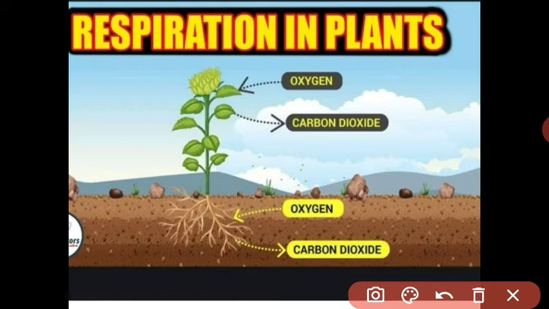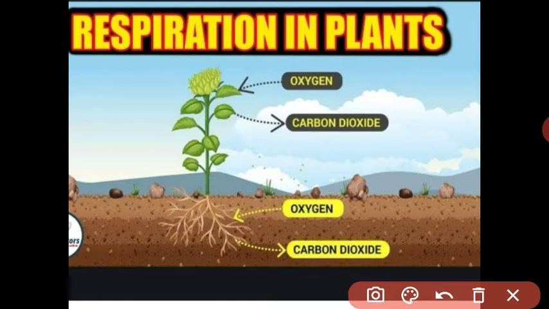In this video, we are going to study respiration in plants in detail. See, student, human beings have respiratory organs like the nose, trachea, larynx and lungs, but plants do not have special organs like us.